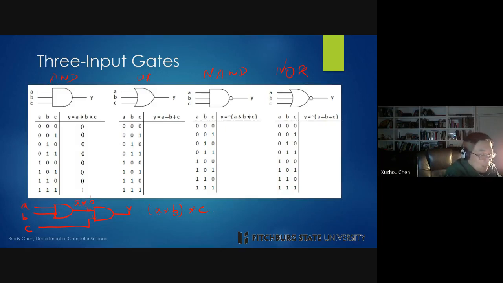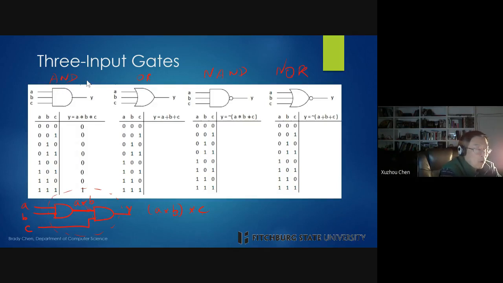So using 2-input AND gates, you can build a 3-input AND gate very easily.